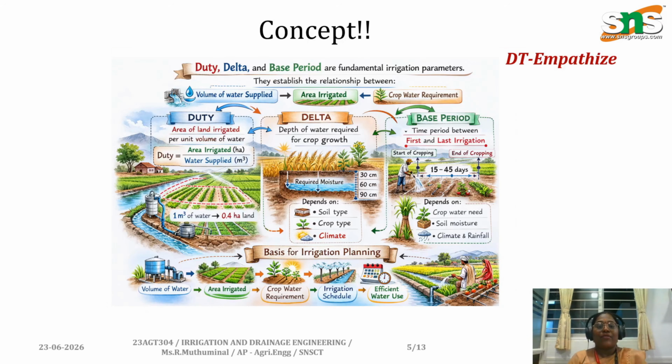So that means, for example, if 1 cumec of water irrigates 2000 hectares, the duty is said to be 2000 hectares per cumec. A higher duty means that water is being utilized more efficiently, whereas a lower duty indicates greater water requirement.